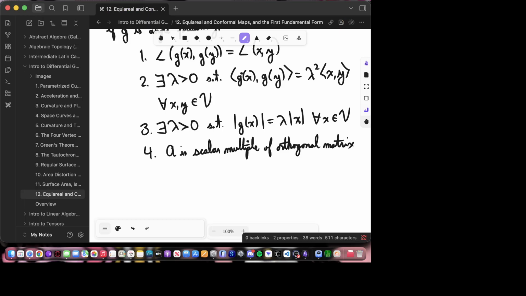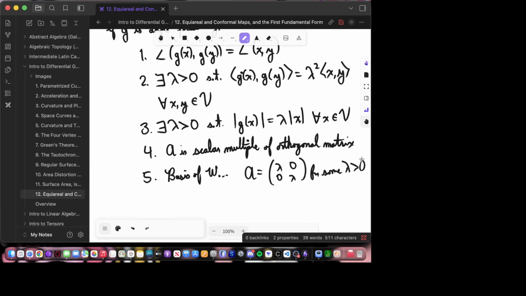Furthermore, we have that A is a scalar multiple of an orthogonal matrix. Furthermore, the basis of W can be chosen in such a way that A is equal to lambda, 0, 0, lambda for some positive lambda.